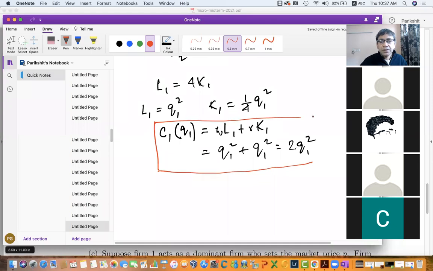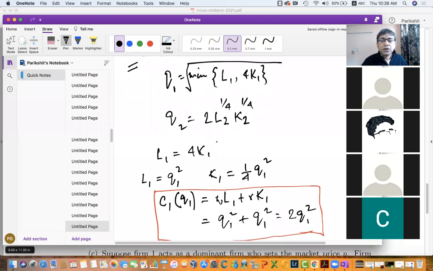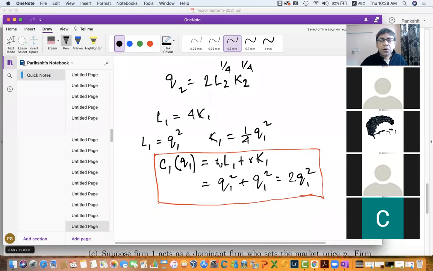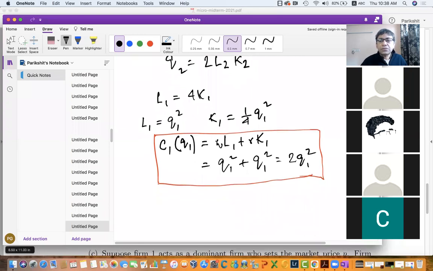Second cost function. This is Cobb-Douglas. Now I'm going to take a little bit of a shortcut here. The first order condition for cost minimization, as you know, is that the MRTS, the marginal rate of technical substitution, which is the slope of the isoquant, should equal the price ratio of the inputs.